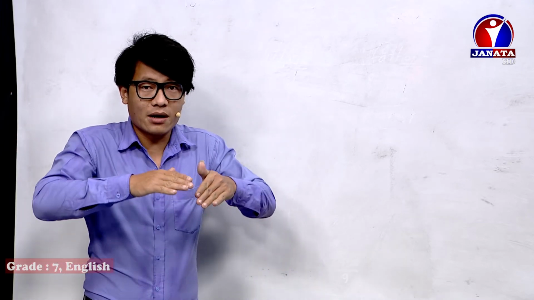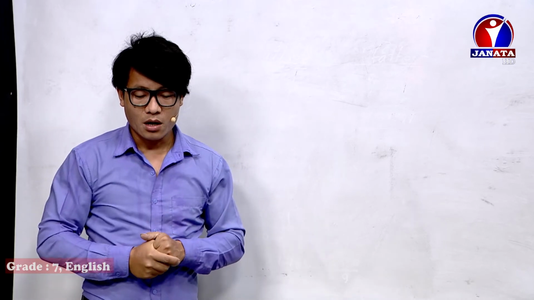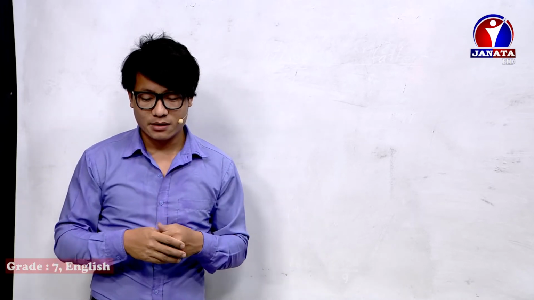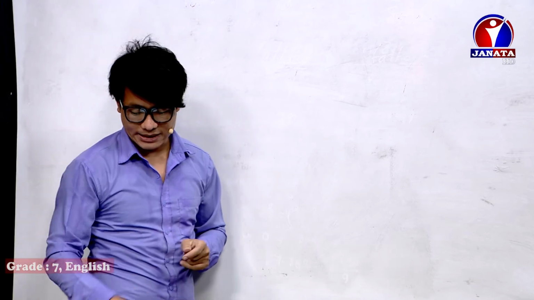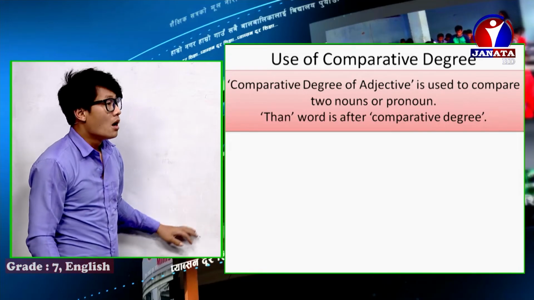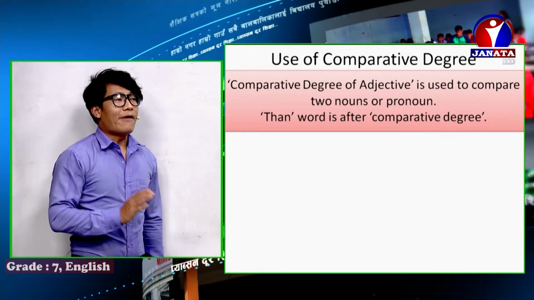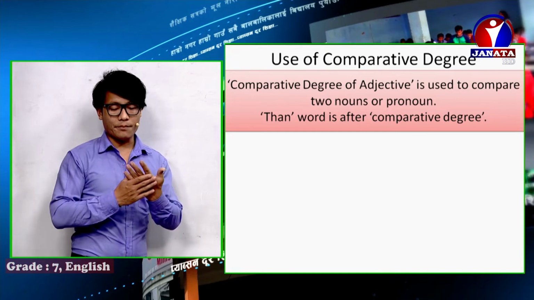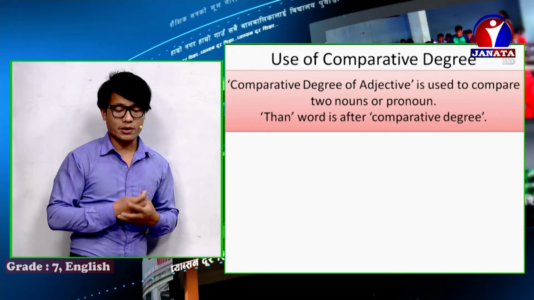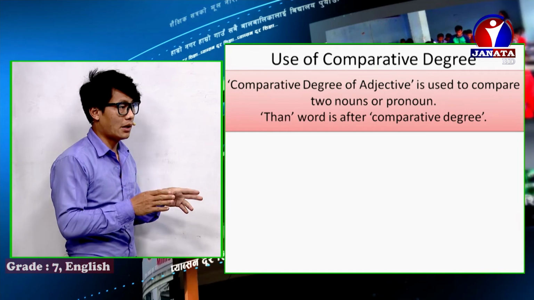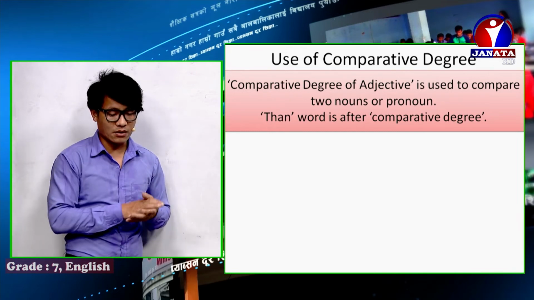But now we are going to practice the comparative degree in a sentence. See this. Comparative degree of adjective is used to compare two nouns or pronouns.